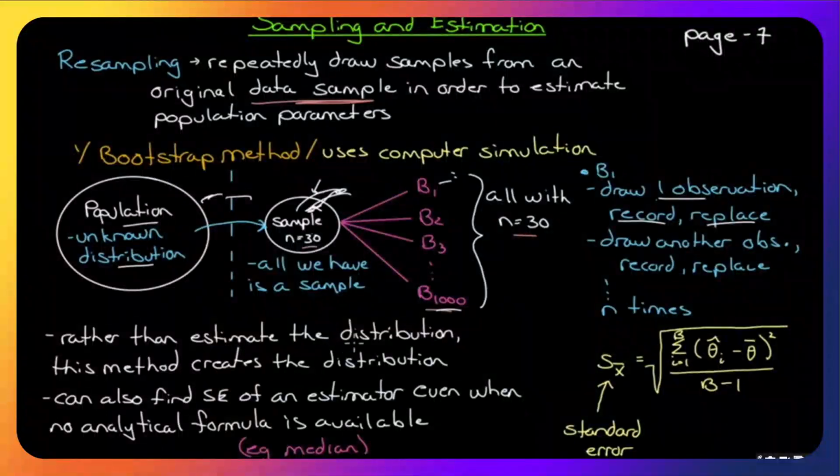So rather than estimate the distribution, this method creates the distribution. So we don't know what the population distribution looks like, but from this sample and from all of these, we can create what a distribution would look like that did produce this sample. We can also find the standard error of an estimator even when no analytical formula is available. So we don't have to find a mean.